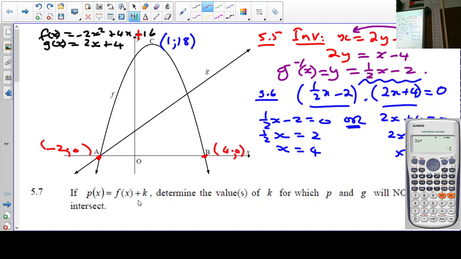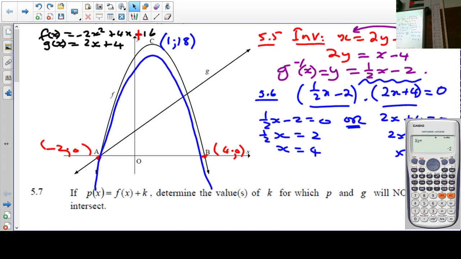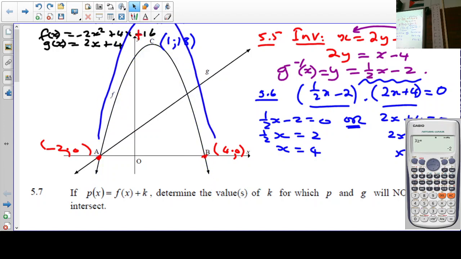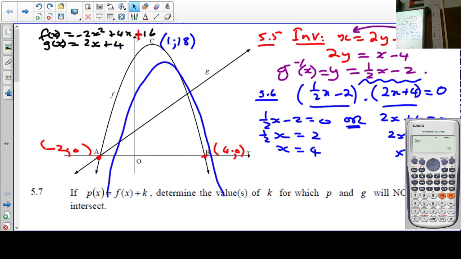If I look at the f of x function, if you look at f of x here, if this was a graph of P, remember, it says plus k. So this graph of P is either moving up or down. Correct?